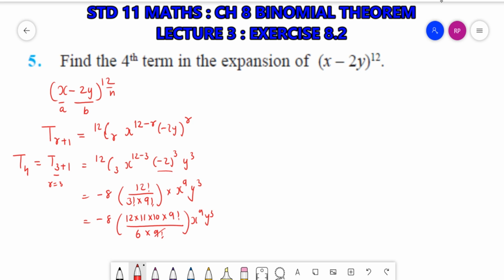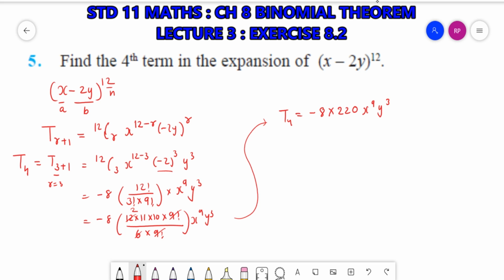Okay, so 9 factorial, 9 factorial will get cancelled. 6 ones are 6, 6 twos are 12. So 2 into 11, 22 into 10, that is 220. So this T4 will be equal to minus 8 into 220 x raised to 9 y cube.